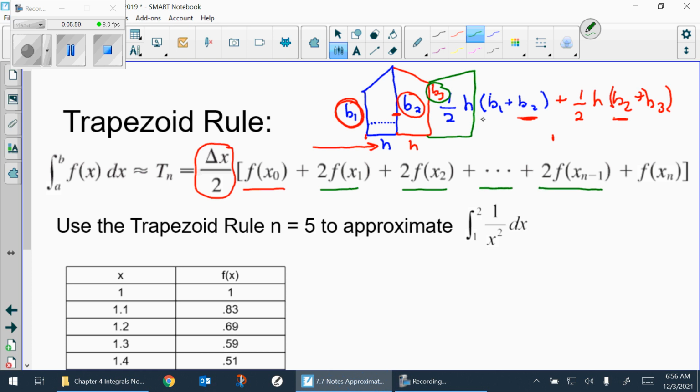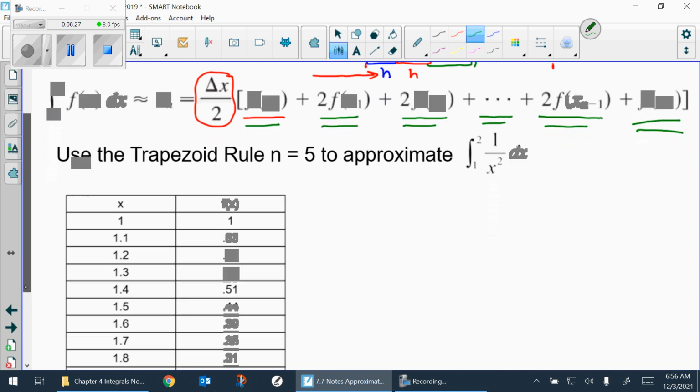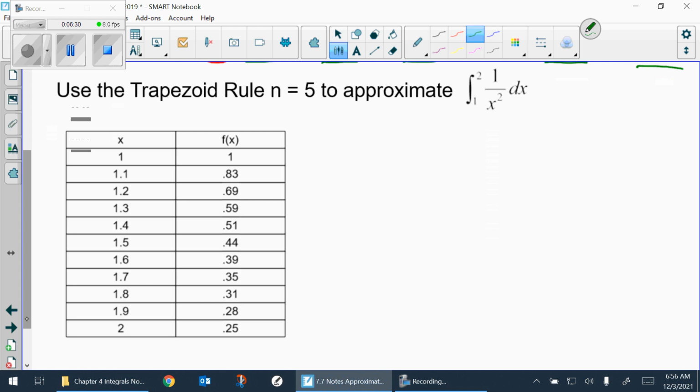And when we finally get to the end, let's say this is the end of our region here, well, that guy, B sub n, or the end of the interval, that guy only gets used one time. So it's one of the heights at the beginning, 2 of everything in between, and then only 1 at the end. So if we use our trapezoid rule, we're going to find 5 trapezoids, and again, we're going to be jumping like this.